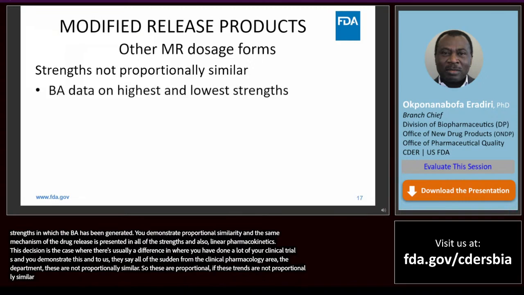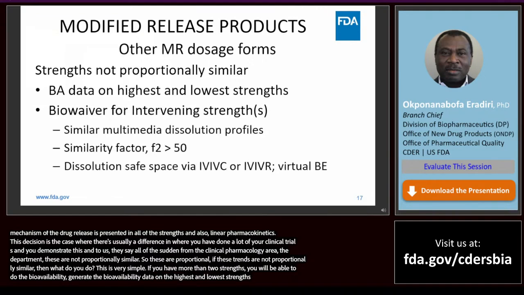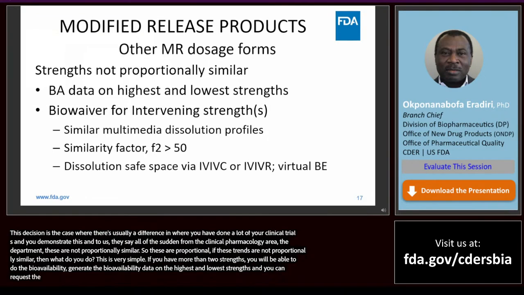And it's very simple. If you have more than two strengths, you'll be able to generate the bioavailability data on the highest and lowest strengths, and you'll then be able to request a biowaiver for the intervening strengths. And again, the same kind of requirements, that is, you demonstrate similar multimedia dissolution profiles.